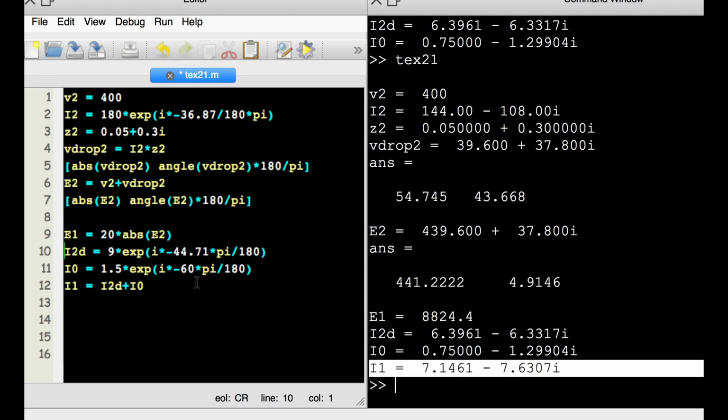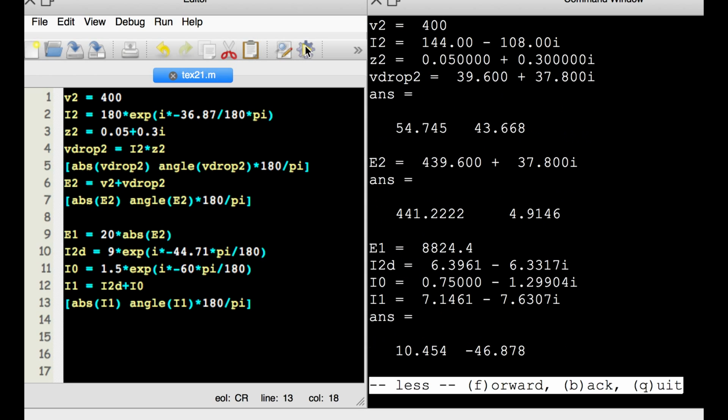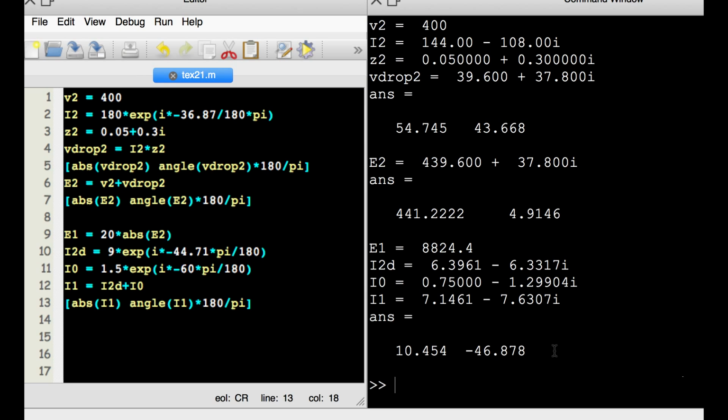Now I'll display the absolute value and angle of I1. Here it is 10.454 and the angle is minus 46.